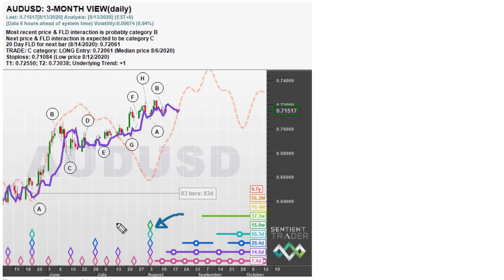So this 20-week cycle trough has certainly been due. You can see, according to the chart that was uploaded last night, that the 20-week cycle trough formed, according to this analysis, on the 3rd of August.